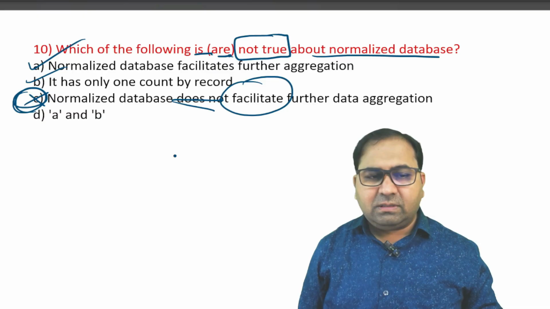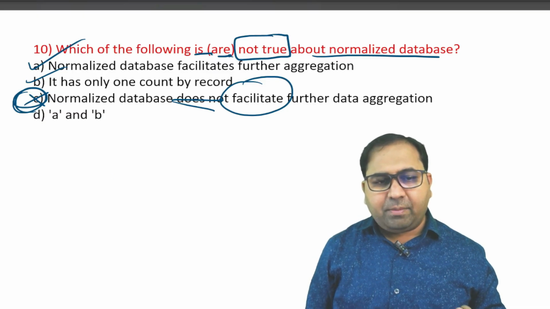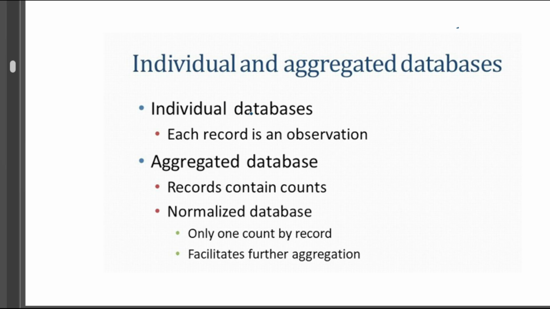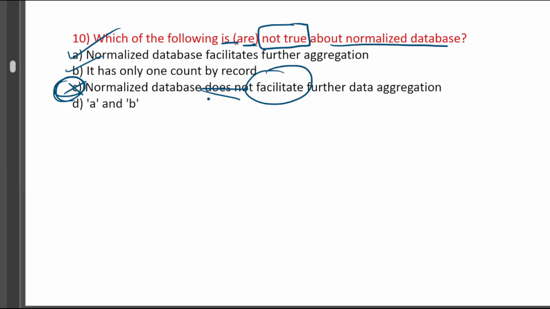Now see the chart on individual and aggregated databases. Regarding the individual database, each record is an observation. Regarding the aggregated databases, the records contain counts, and the normalized database has only one count by record, and it facilitates further aggregation. As in the question, the normalized databases should facilitate further aggregation, but they have mentioned does not.